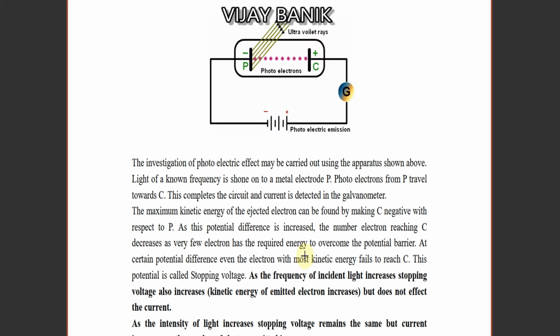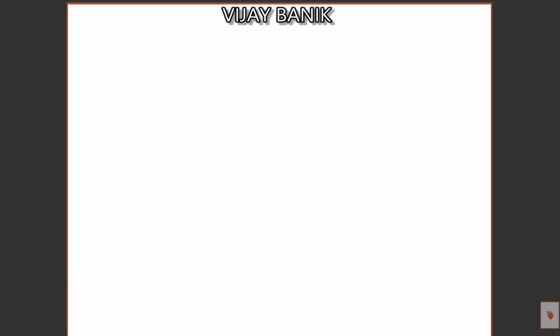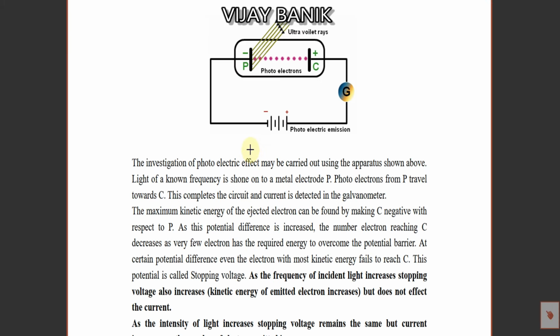So I'm just creating a new page so that I can explain. Now let's try to learn about stopping voltage. Let's say I have two plates over here. Just see this diagram. I have two plates here. One is negatively charged and one is positively charged.